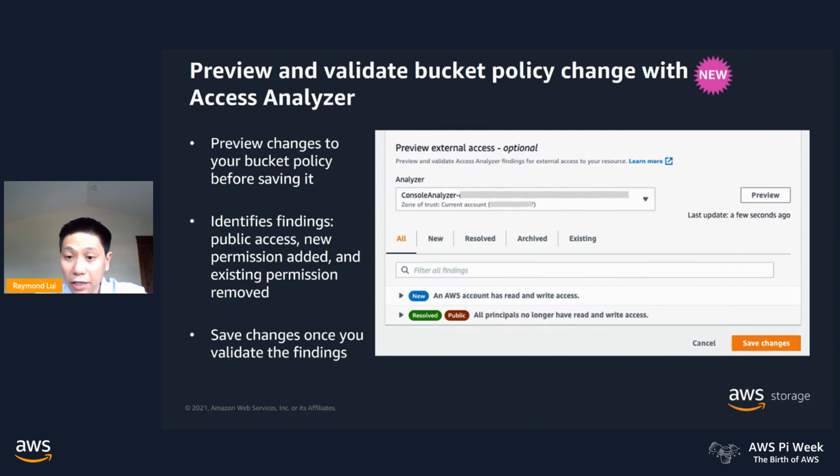Now say if you update your bucket policy to remove that public access and to only allow one specific external account to read your bucket, you will see two findings from Access Analyzer. The first one is that you have a new access. The second one is that you have resolved a public access.